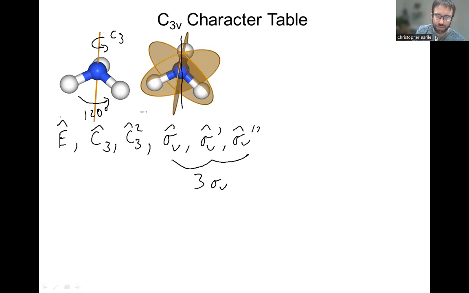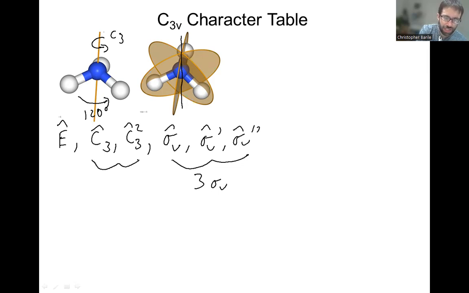This mirror plane here is going to swap this hydrogen, and this last mirror plane there is going to swap this hydrogen, this hydrogen. So they all do very similar things. They're all reflections, they're all vertical reflections, so it makes sense they should be in the same class. We're calling that class 3 sigma V because there's 3 vertical mirror planes in this class.